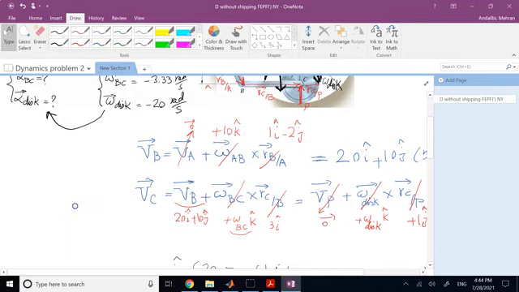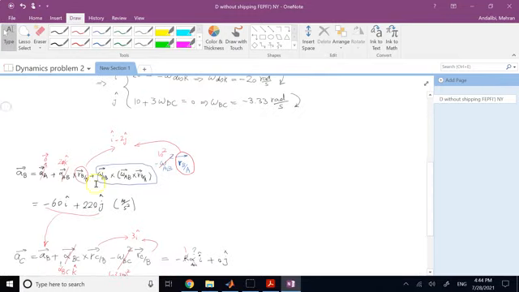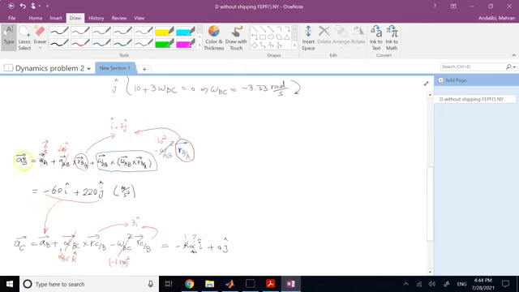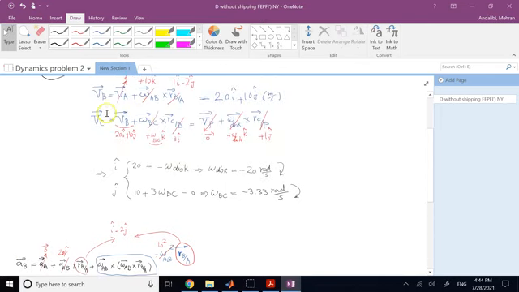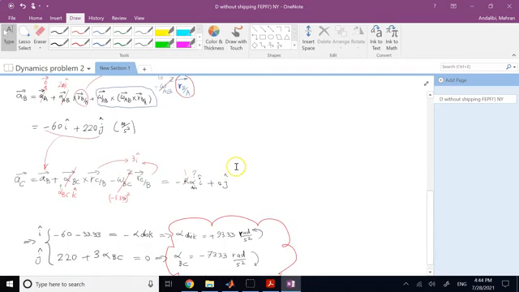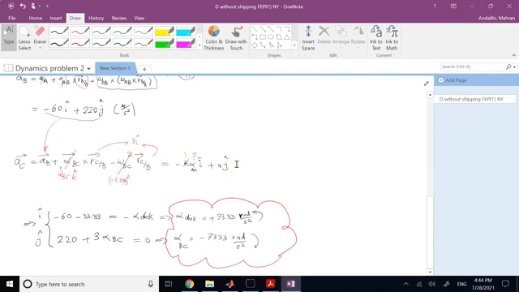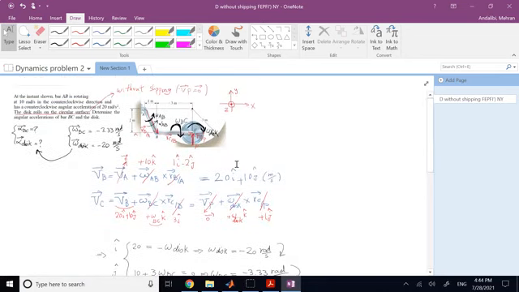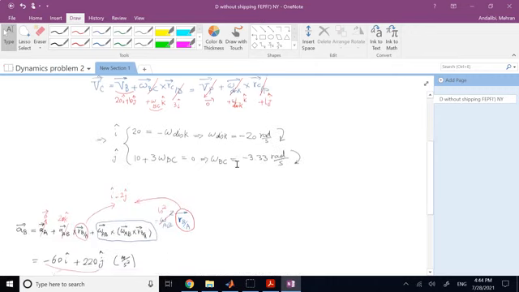And if there is a point that I cannot find anything about it from one member, but that point is a joint point, a point that is common to 2 members, I try to find its velocity or acceleration from either members and then set them equal to give me enough equations to solve for my unknowns. Okay, at the end of the day, you need to have enough equations for the number of unknowns to have. And if you do, then you can solve anything like this example.